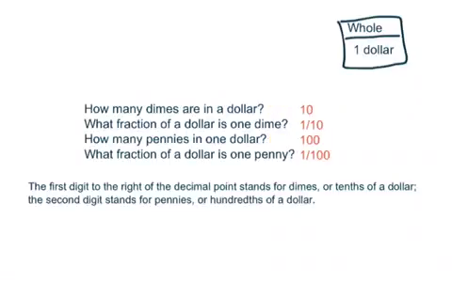And there it is again for you. Here's what I really want to point out to you on this slide. The first digit to the right of the decimal point stands for dimes, or tenths of a dollar, and the second digit stands for pennies, or hundredths of a dollar. So let's do something with that. Let's say we have $1.65.